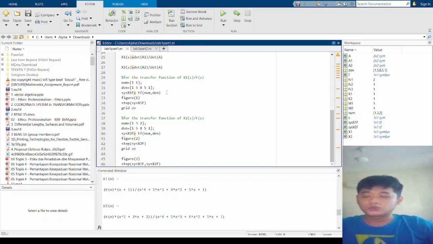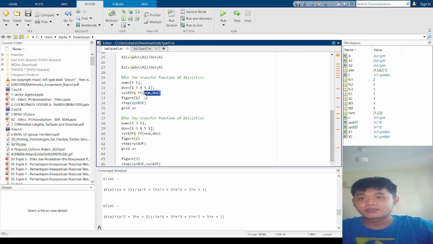And then to do the transfer function, we basically just put this code tf for the numerator and also for the denominator in order to maintain the values. We simply put sys x1f, because this sys x1f will be the variable that stores the transfer function.